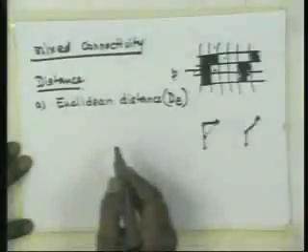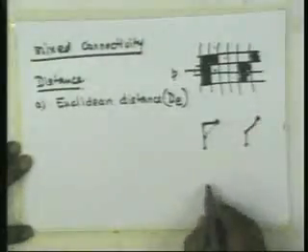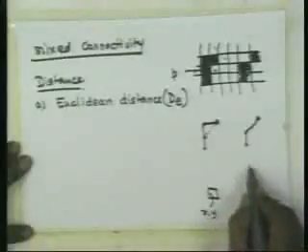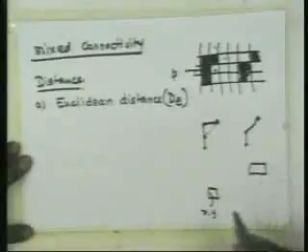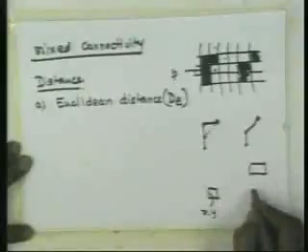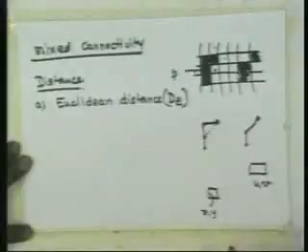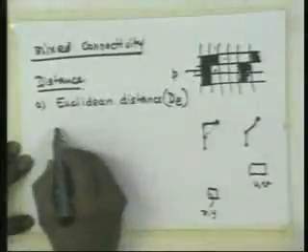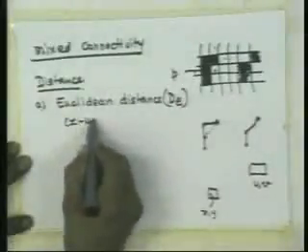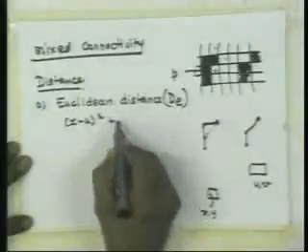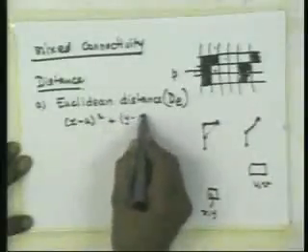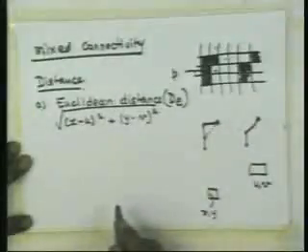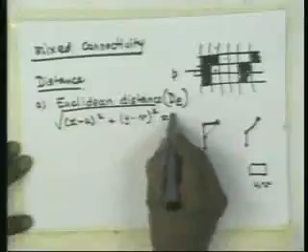Supposing I take 2 pixels of interest, this is x, y coordinates, this is another pixel somewhere, say this is u and v coordinates. So the distance between these 2 pixels is nothing but x minus u squared plus y minus v squared, square root of that. This is how we define the Euclidean distance.